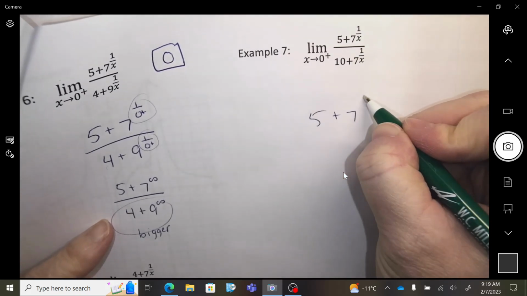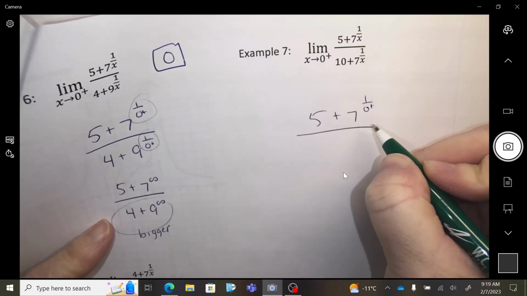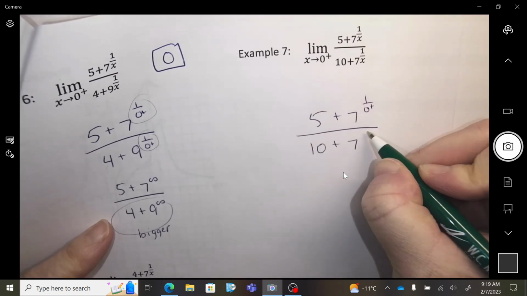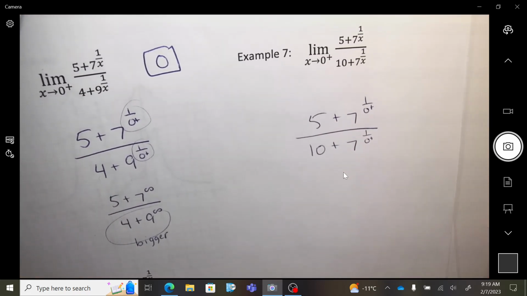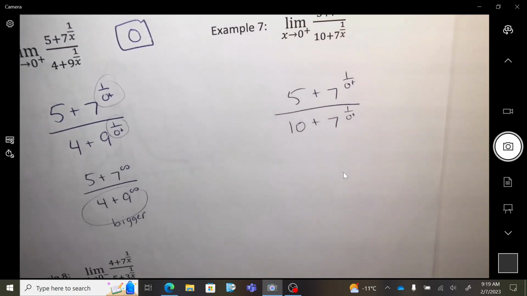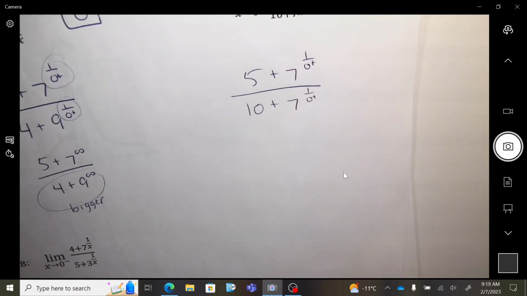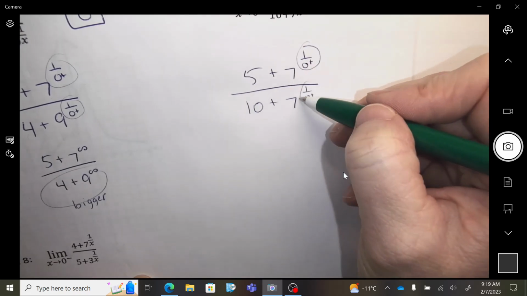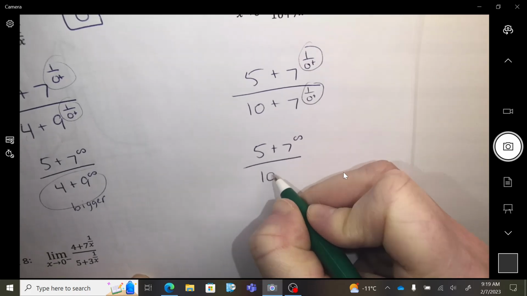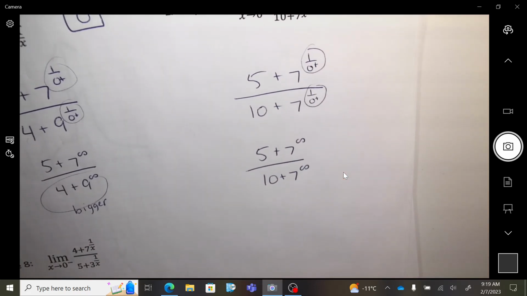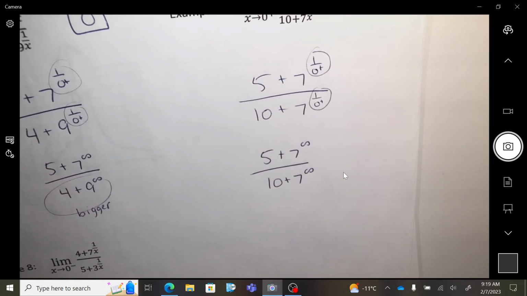Okay, let's plug in the next one here. Now this is the same thing as thinking that number would approach infinity. And now what?